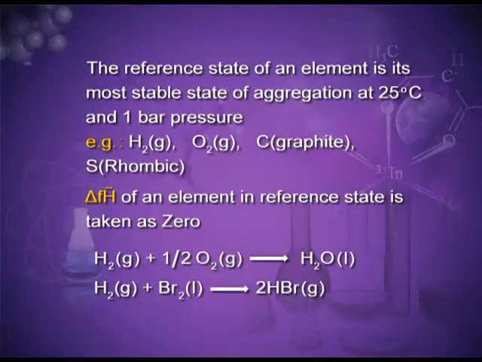Let me explain that the second equation is not an example of standard enthalpy of formation because here 2 moles of HBr are formed, whereas the standard enthalpy of formation says that it should be 1 mole of the product formed from its elements in the standard state.